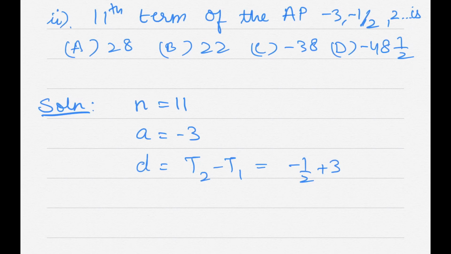So this is equal to minus half plus 3, which will give me 5 by 2, because this is 3 and this is half, so 2.5, right? So I can write down 5 by 2. That's right? Okay, now I have to find the Tn formula.